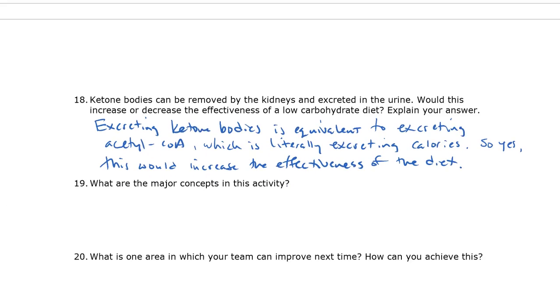And so that would increase the effectiveness of the diet, which is not to say that it is healthy for the kidneys. So if you go too far overboard on this, you might have kidney problems. But as far as this question goes, yeah, it would increase the effectiveness of the diet. You can lose weight this way. You just want to be monitored and be careful about it.